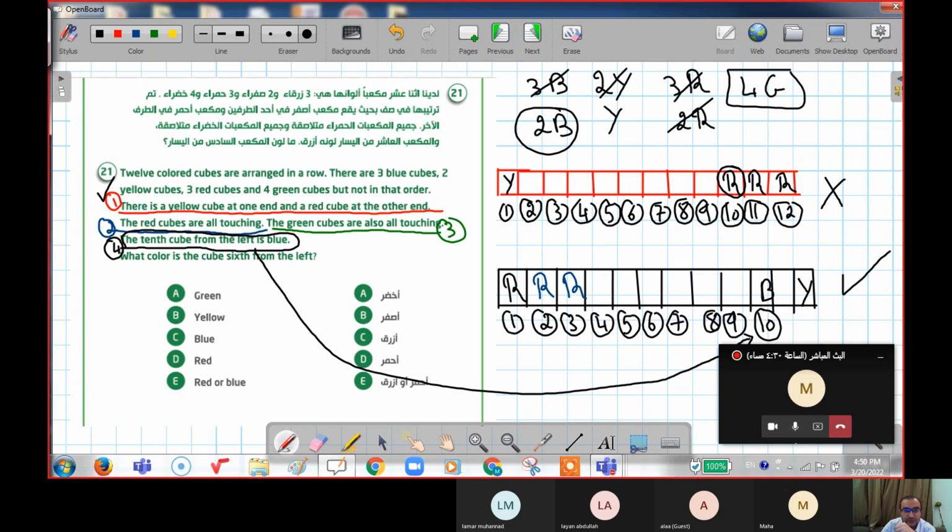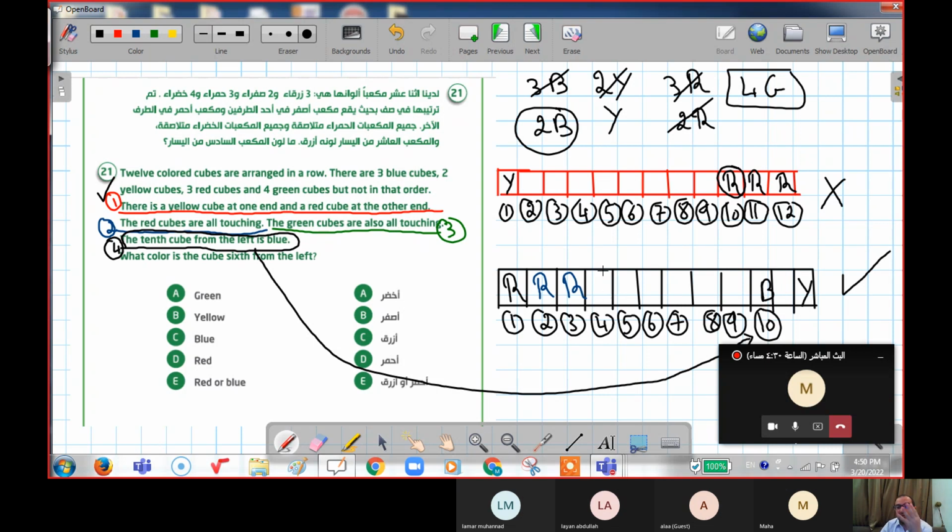The first one is correct because the cubes at the two ends are red and yellow. The second condition says that the red cubes are all touching. This is the red cubes. And now we must check the third condition. The third condition says that the green cubes are also all touching.